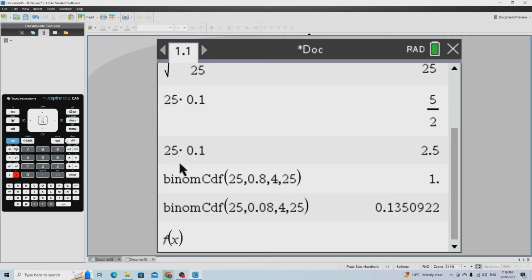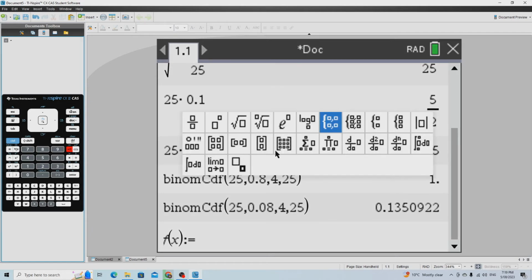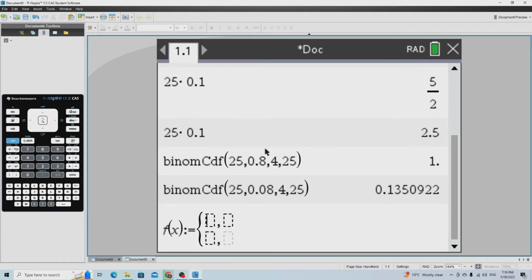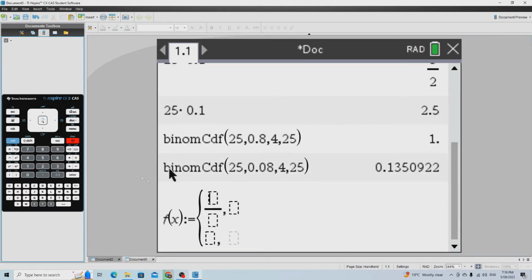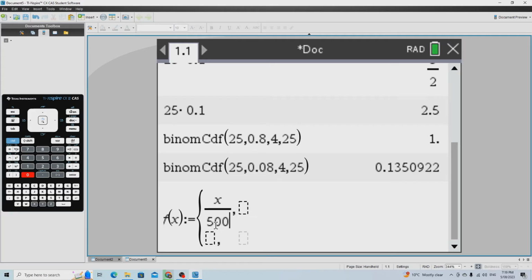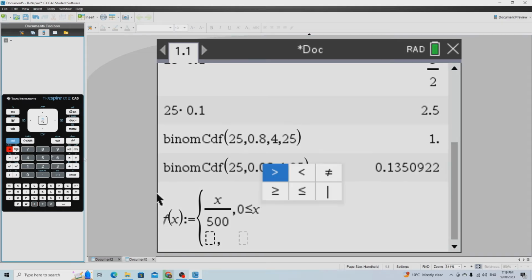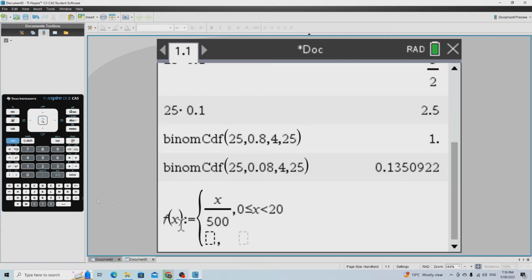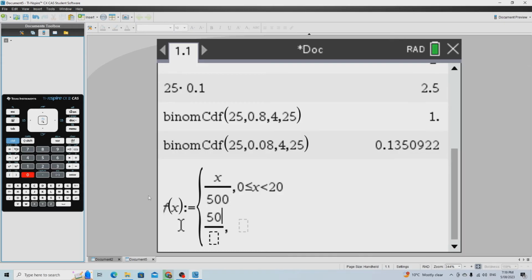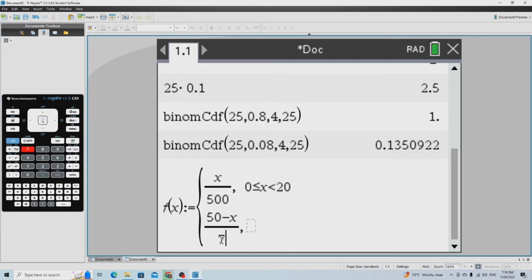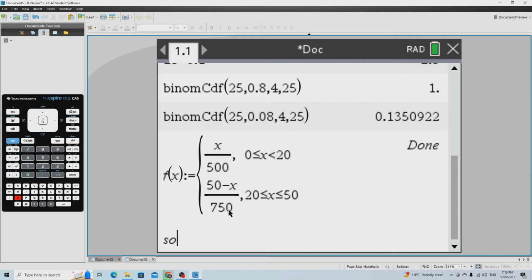Let's say f of x is equal to x over 500 for x less than 20, 50 minus x over 750 from 20 to 50. Okay, so we've defined it, and now we just solve.